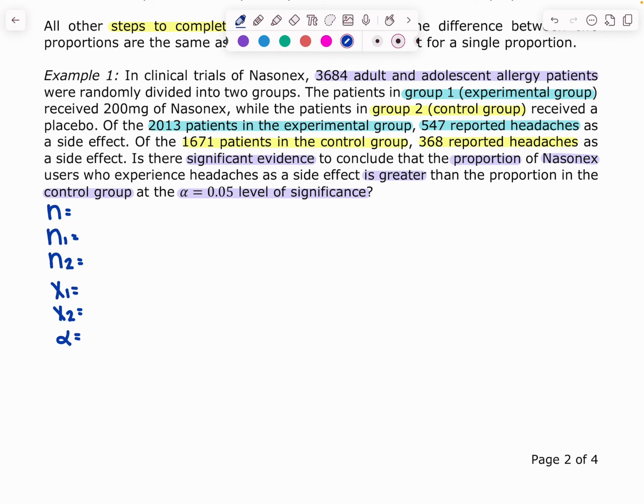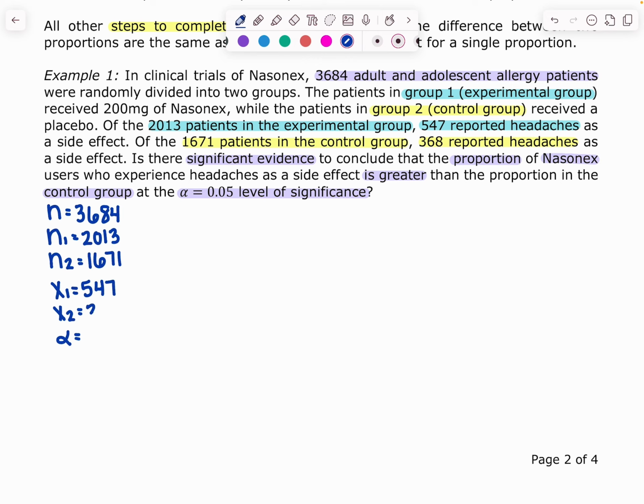So our overall N is 3,684. N1 is 2,013. N2 is 1,671. X1 is 547.